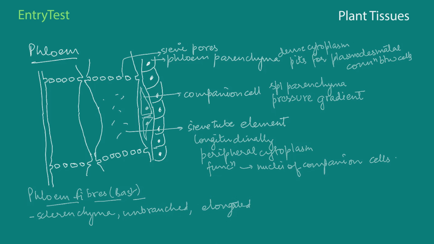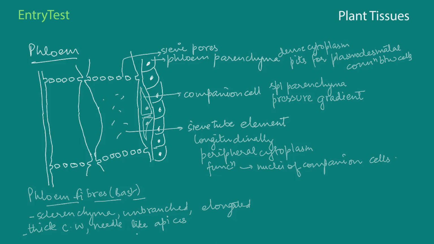Additionally, they have a thick cell wall. And they have apices that are shaped like needles. At maturity, they lose the protoplasm and they die. And they're usually present in jute, in flax and hemp, and lots of commercial uses are there.